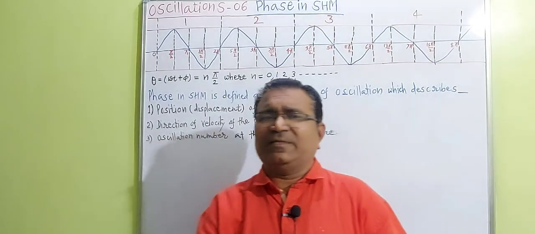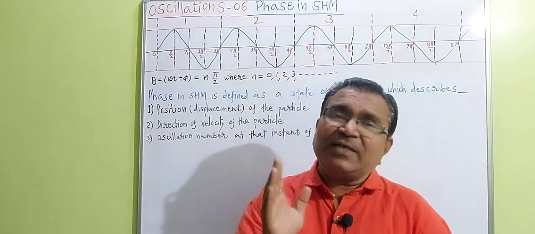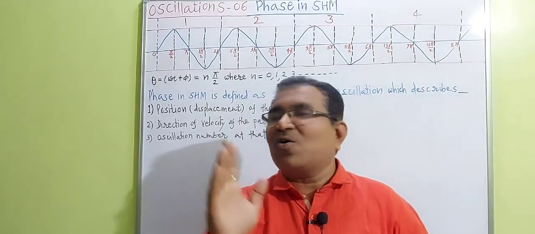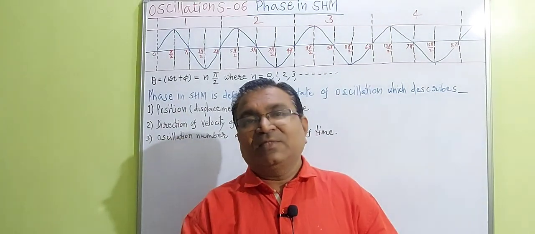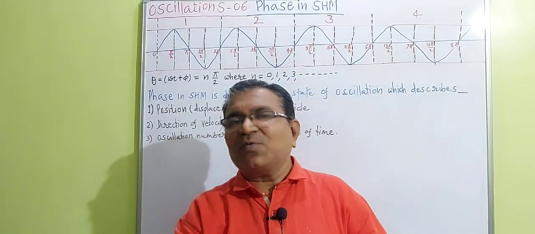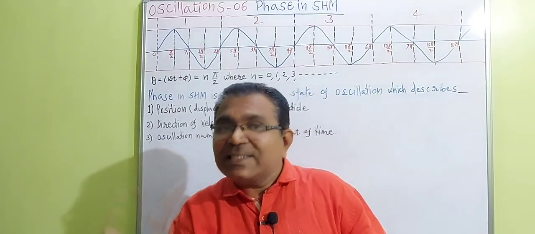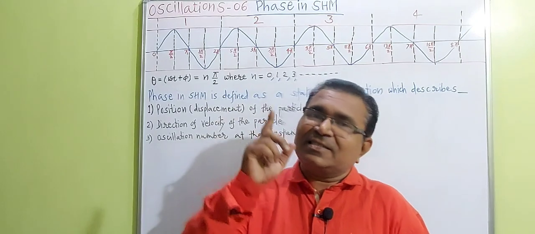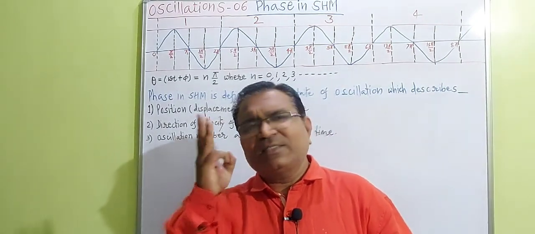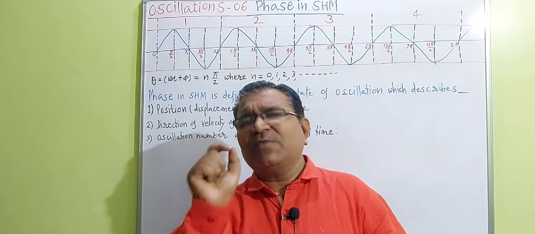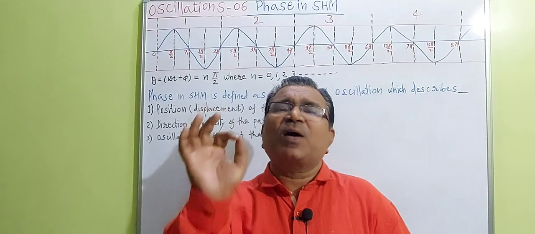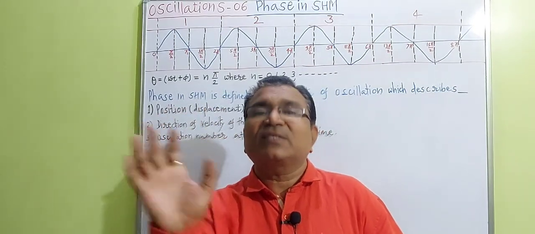I will repeat again. This phase in SHM is nothing but a state of oscillation, and this state of oscillation describes three factors. Number one, position or displacement of the particle during oscillation.